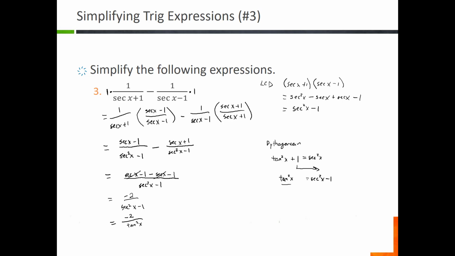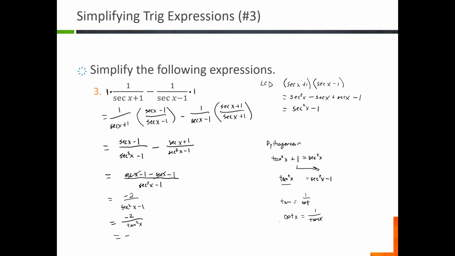You could probably leave it like that if you want, but one other thing we could do is, what's the reciprocal of tangent? Well, I know tangent is 1 over cotangent, which means cotangent x has to equal 1 over tangent of x. So I have a 2 over tangent squared.